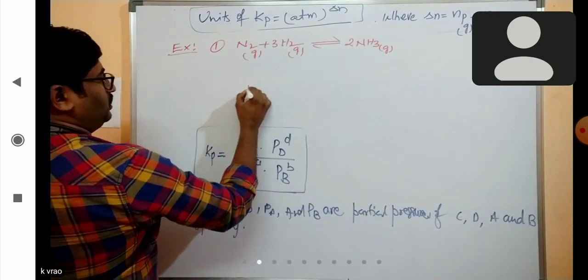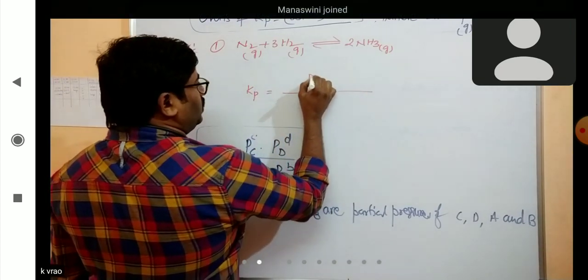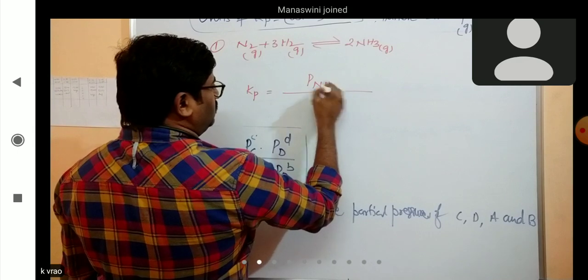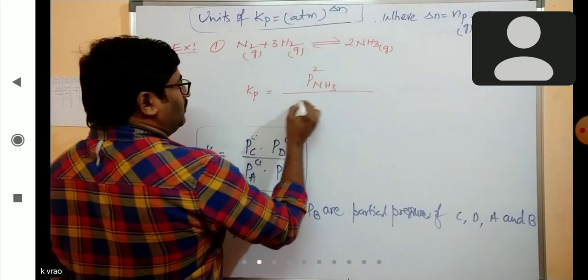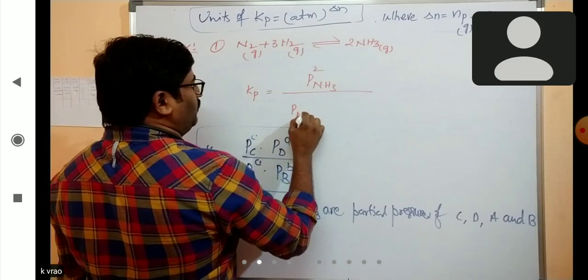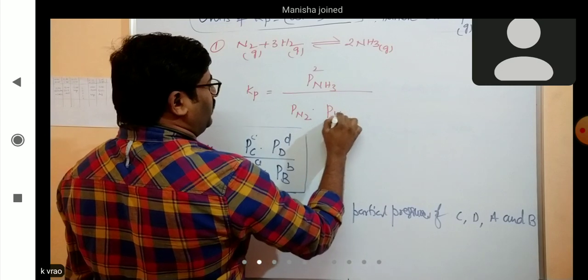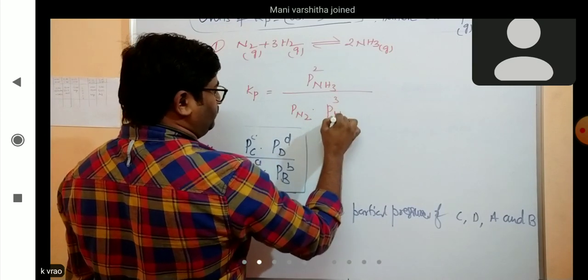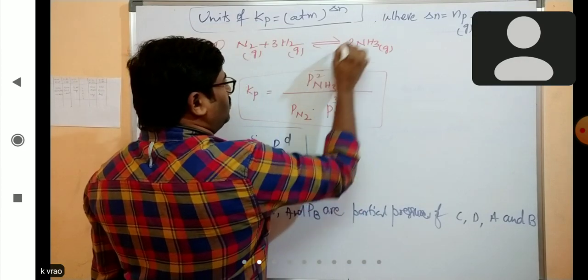Kp is equal to partial pressure of ammonia, coefficient 2, so P squared, divided by the partial pressure of nitrogen, coefficient 1, and the partial pressure of hydrogen, coefficient 3. This is the Kp expression for this reaction.